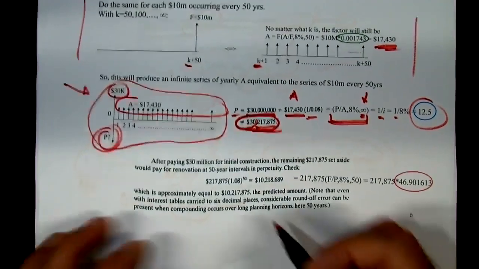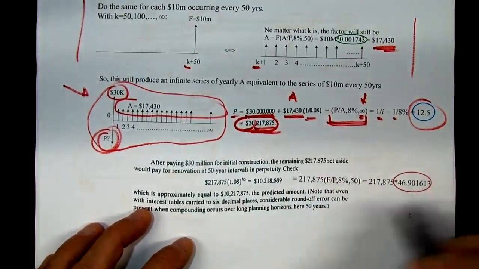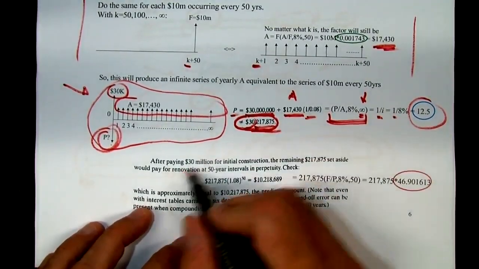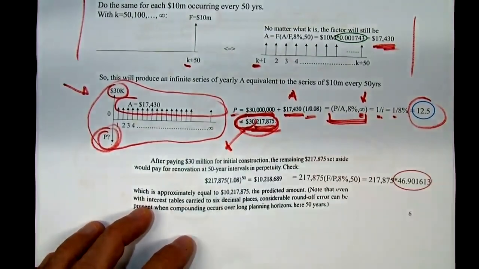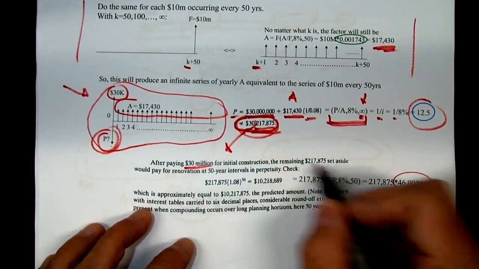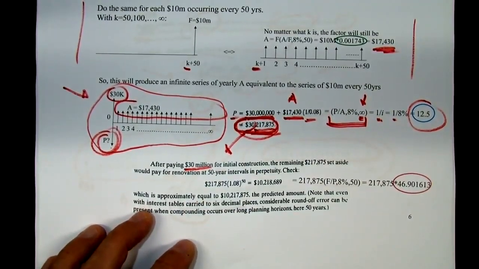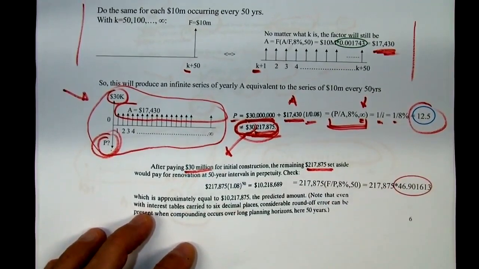However, if you do the math, the pretty easy math, you can verify that, okay? So again, this is the total amount of money, the capital invested for your project. $30 million are immediately taken away, so you don't even consider them. You are left with 217,000 more or less dollars in the bank.